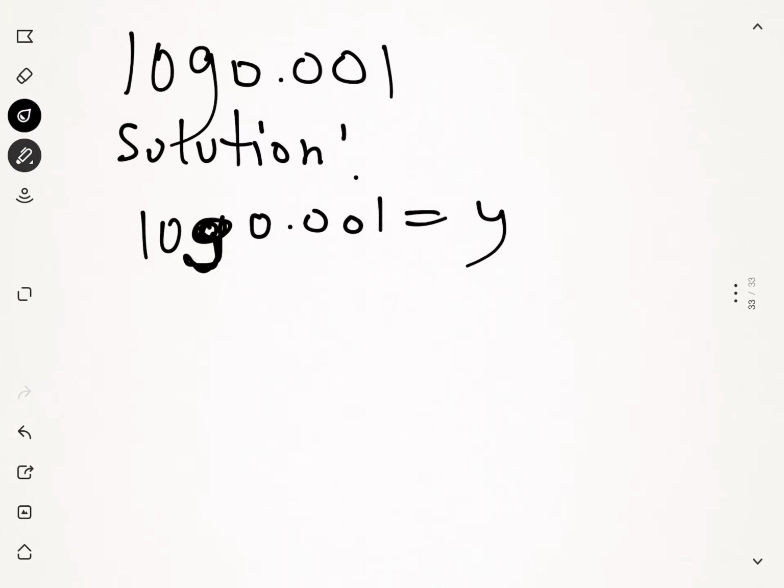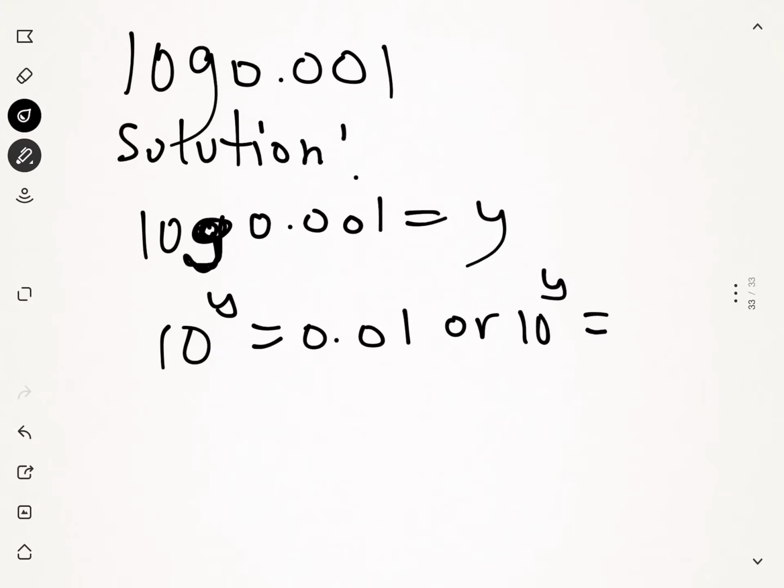Once again, 10 to the y equals 0.001. Or you can equivalently write it as 10 to the y equals 10 to the minus 3. So y equals minus 3.